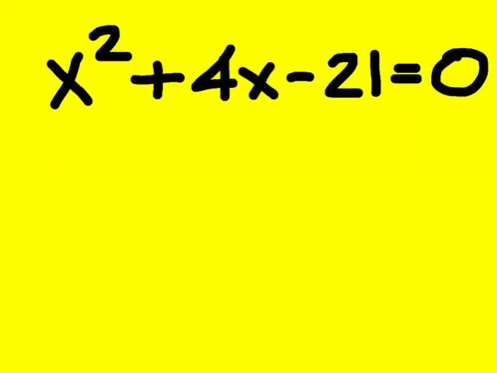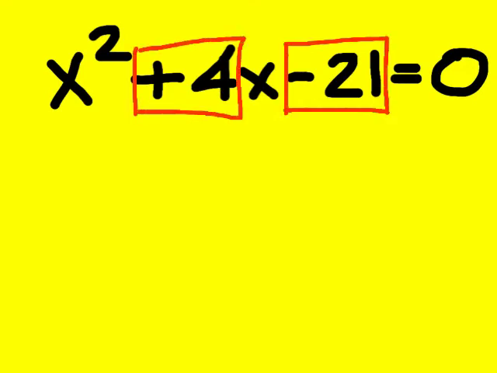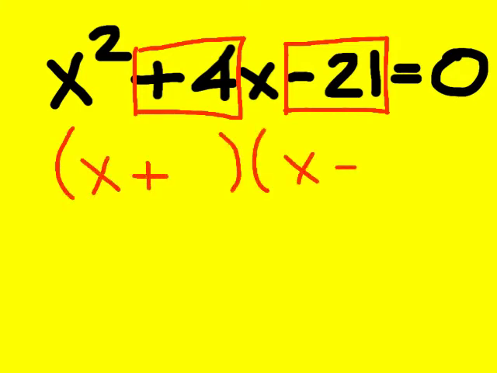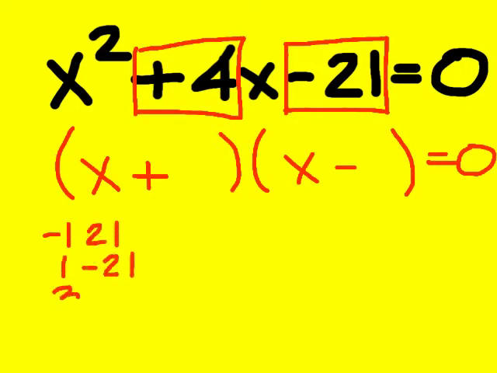Example number 2. 2 numbers that multiply to get negative 21, but they add to get positive 4. Remember, it has to be plus and then minus. The minus minus and plus minus cases all have factors that have to be plus minus. Negative 21, we could get a negative 1 positive 21, or a 1 negative 21. 3 negative 7, negative 3 positive 7.